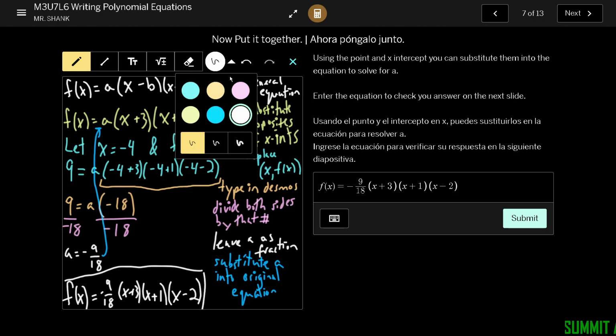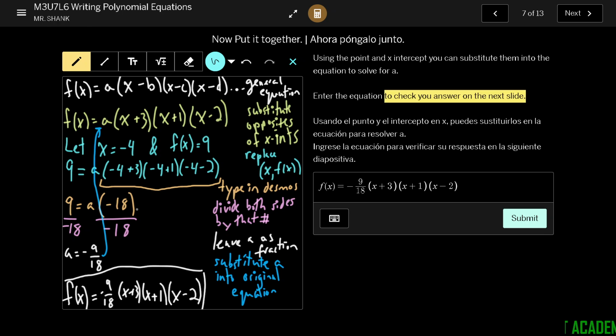But I would say graph on Desmos to check points. I don't know why it's a little laggy, but that's okay. So there's our points for that. Let me put this under here, maybe.